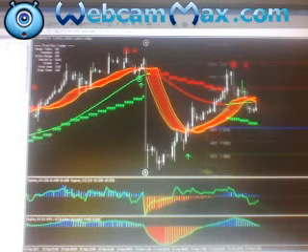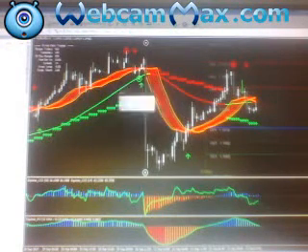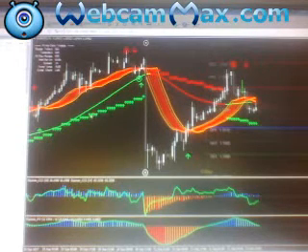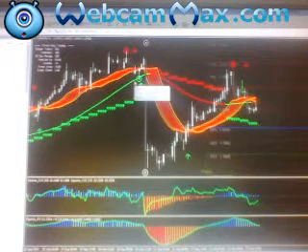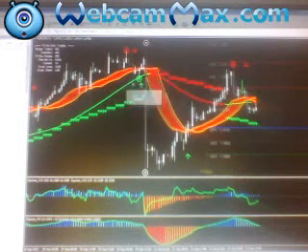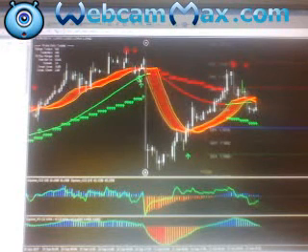Number 1, the trend line, this one going up, and then here it goes down, and then here it goes slightly up. For you to take buy entries, the trend line has to be green, meaning that it is an uptrend. For instance, at this point, this is an uptrend. You can take a buy trade during the course of this uptrend.